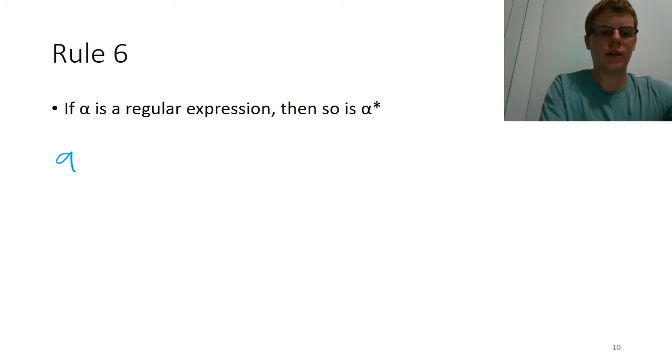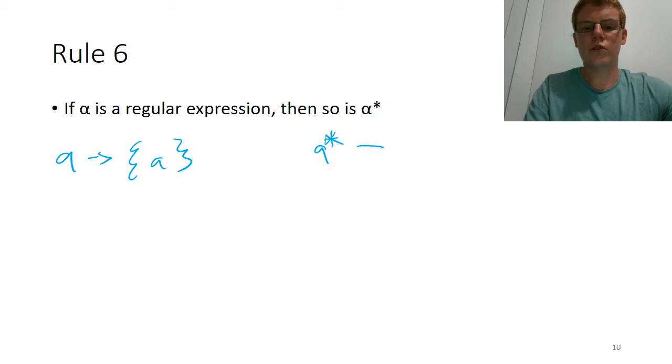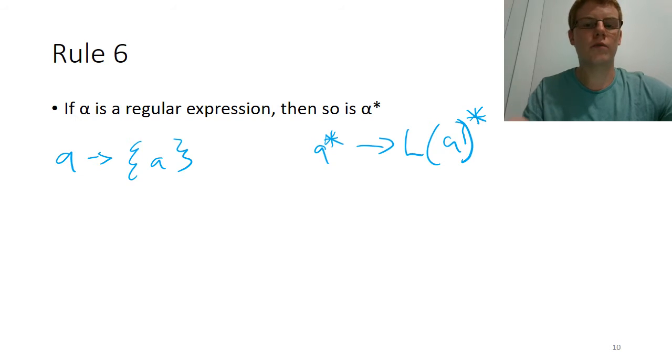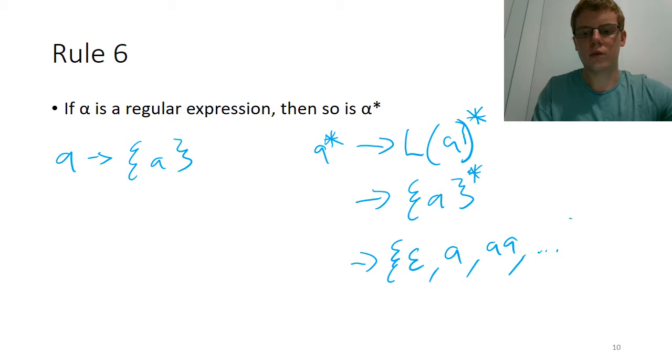So, let's say we have the regex A, which describes the language consisting only of one string made up of one A. Then, A Kleene star is a regex, which refers to the language built up by taking the Kleene star of the language represented by the regex A, which is the Kleene star of this set, which we know contains the empty string, 1 A, 2 A's, and so on ad infinitum.